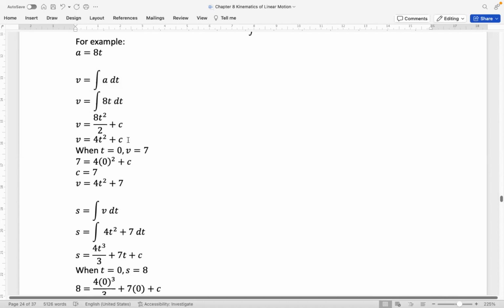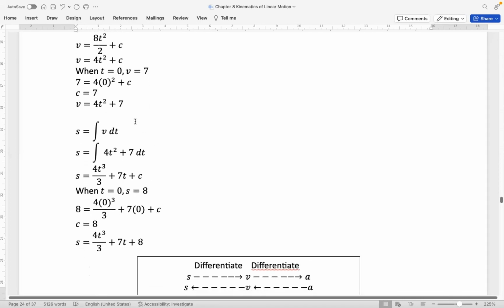After we do integration, there is a plus c at the back because this is an indefinite integral. Let's say the question tells us when t equals 0, v equals 7. Then we just need to substitute v equals 7, t equals 0 into the equation, and we will have a complete velocity function, v equals 4t squared plus 7.